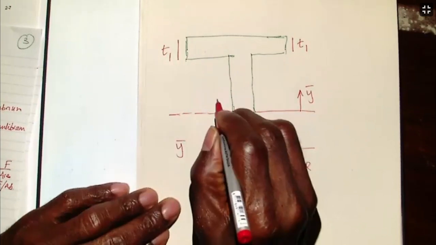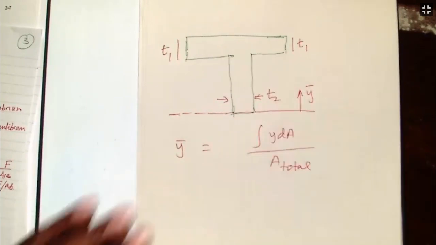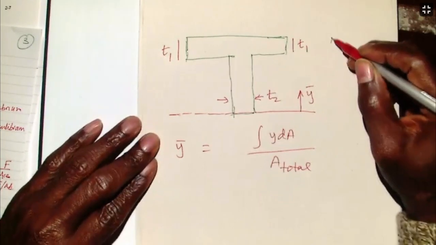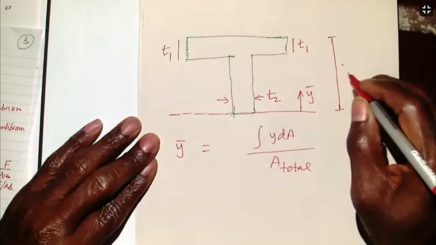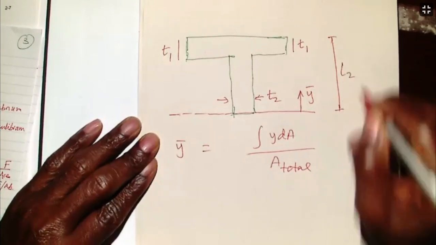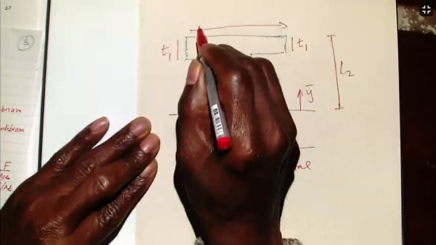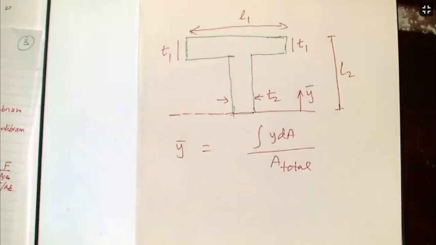Let's call this thickness T2. Let's call the total height there L2, and I'm going to call this L1.